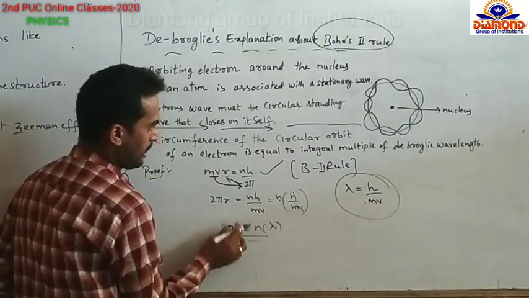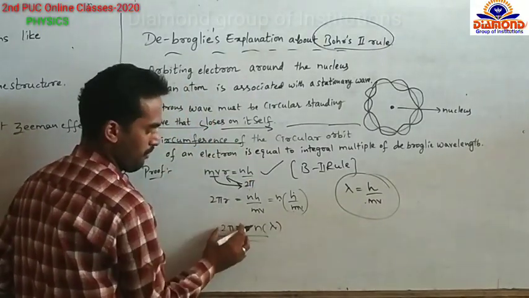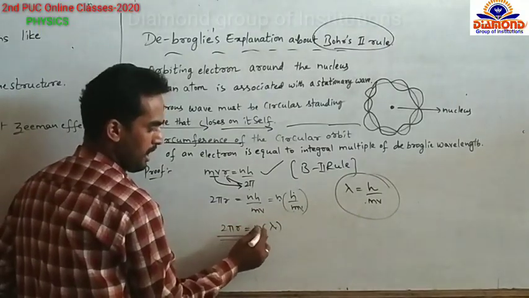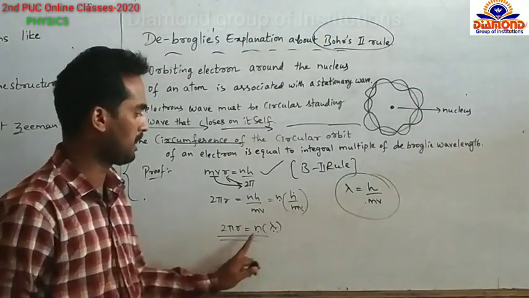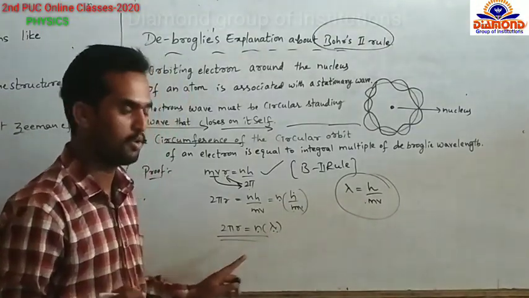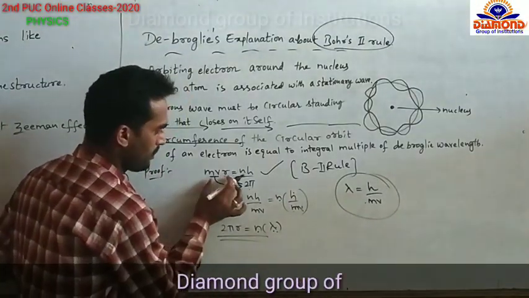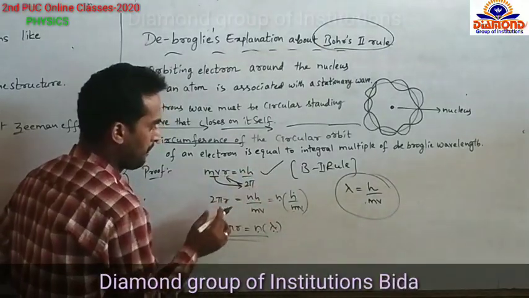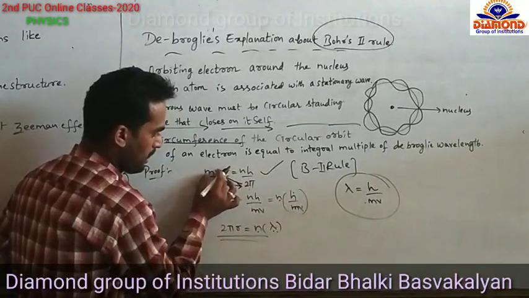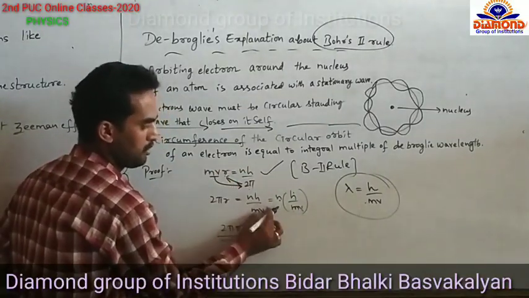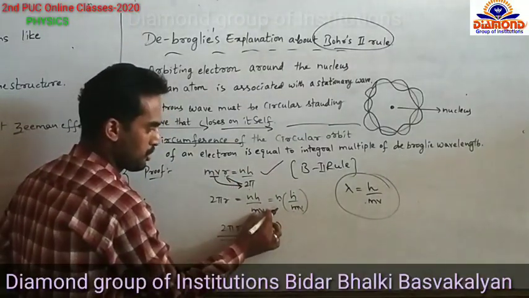So what does 2 pi r indicate? The circumference of a circle is equal to an integral multiple of what? Wavelength. So what is the integral symbol? n into wavelength. How did you get this wavelength symbol? mvr equal to nh by 2 pi. 2 pi into r equal to n into h, taking this mv to the right-hand side, so it goes to the denominator.